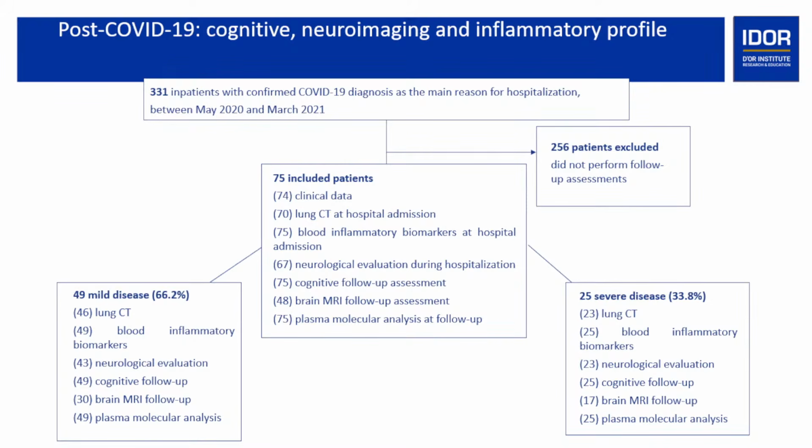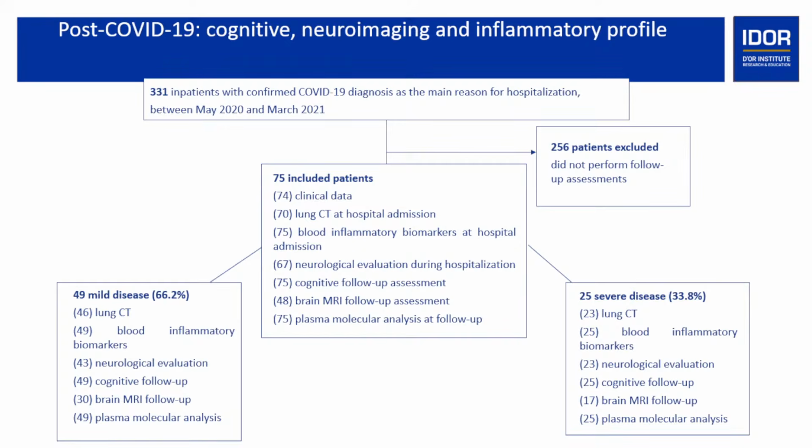So then we looked at the patients that didn't have any neurological change in the acute phase. This was a very carefully studied cohort, because even for the patients without any neurological manifestation in the acute phase, we had a neurologist doing neurological exams on them. So we can really say that they didn't have any neurological manifestation in this acute phase.